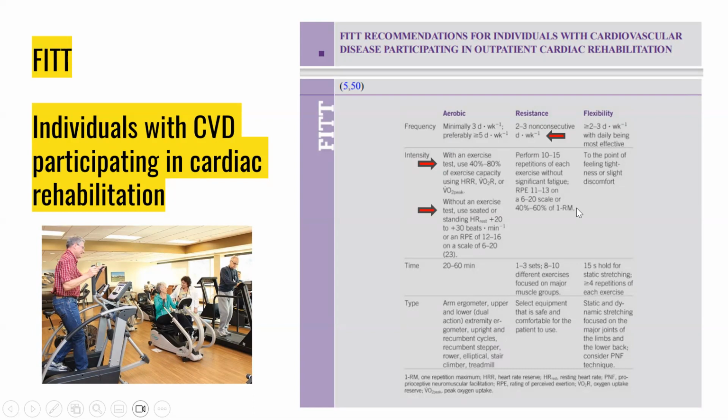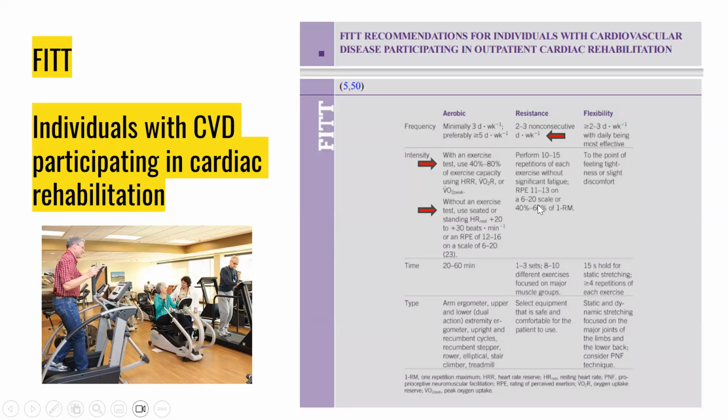For resistance training, 2 to 3 days per week that are non-consecutive. Perform 10 to 15 repetitions of each exercise without significant fatigue on the RPE scale 11 to 13. 40 to 60% of the 1 rep max, right?